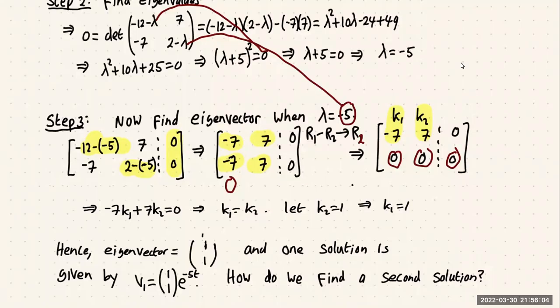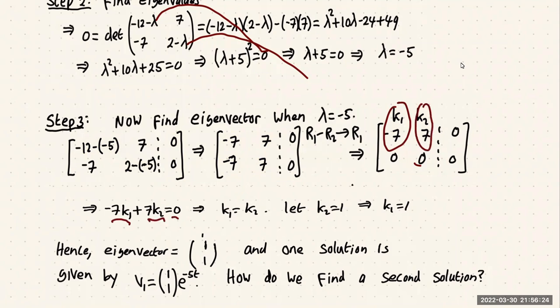Okay, so let me just erase this stuff over here. Okay, so using back substitution, we'll have our negative 7 K1, which I'll put here, plus 7 K2 equals 0. And then solving for K1, you'll have K1 would equal K2. And K2 is free here, so you can choose, say, K2 to be 1.